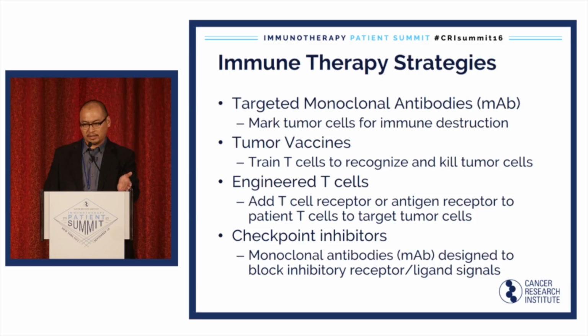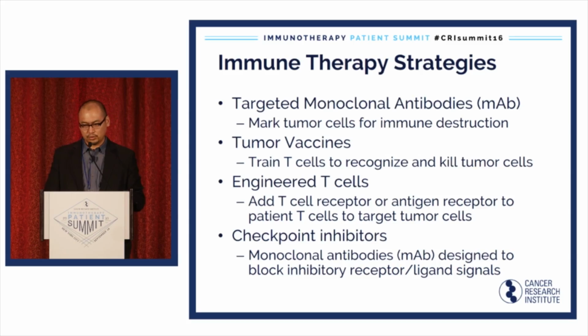So there's targeted monoclonal antibodies. These are antibodies that have been engineered in a laboratory to recognize tumor-associated targets or to modulate immune responses. There's tumor vaccines, which, like infectious disease vaccines, are designed to train the immune system, and particularly T cells, to recognize and kill tumor cells. There's engineered T-cell therapies, which have been getting a lot of notice lately, which are very interesting.